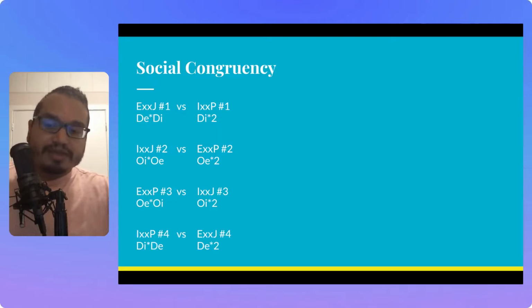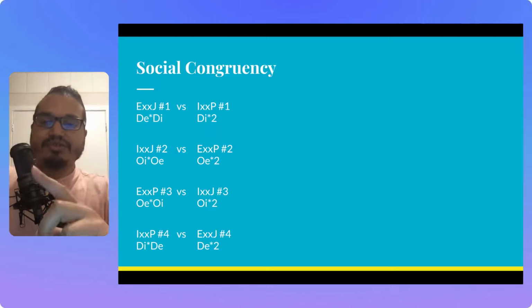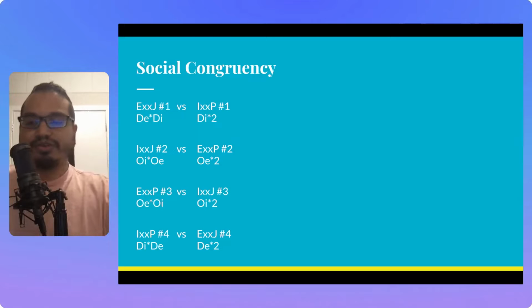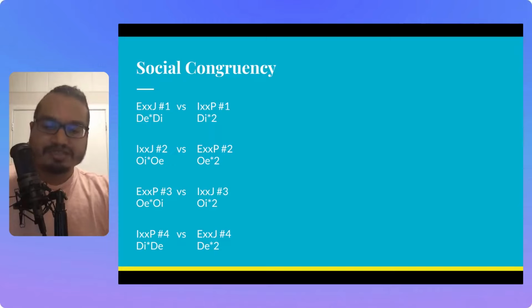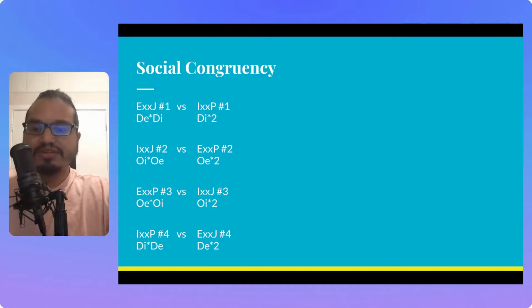Continuing on, we have IPs that are number four, which are kind of out of alignment. So the less congruent is on the left, and the more congruent is on the right. If you picked up on that by now, we got the EJs that are number four, which are going to be way more in alignment with the DE already being at the top. It's not to say that one is better than the other.